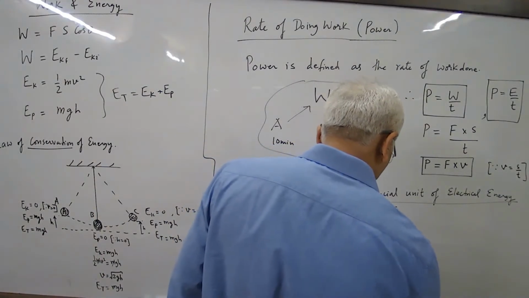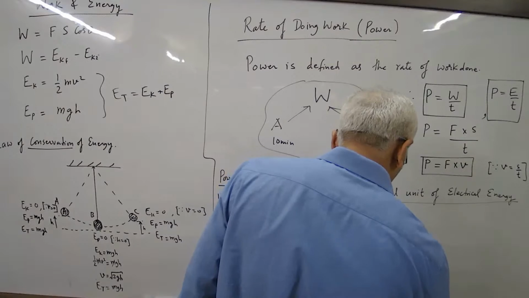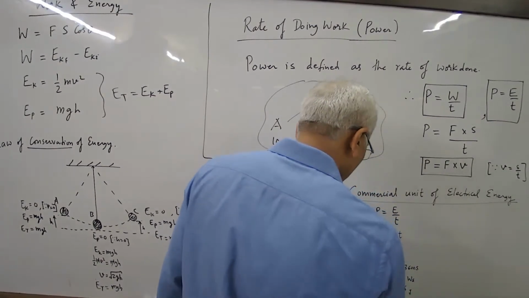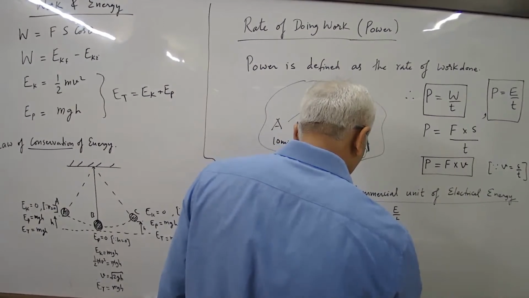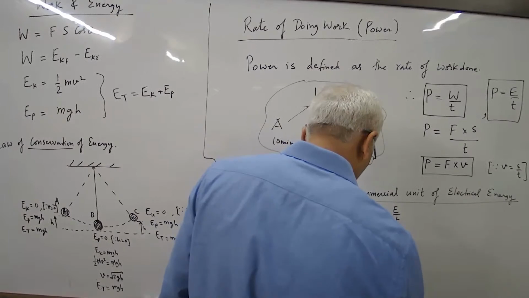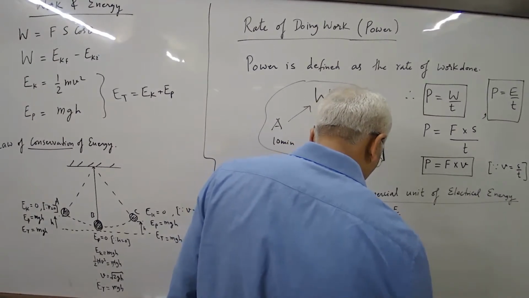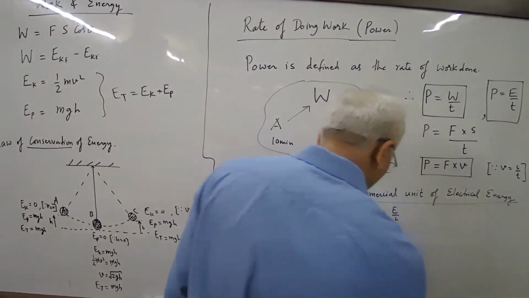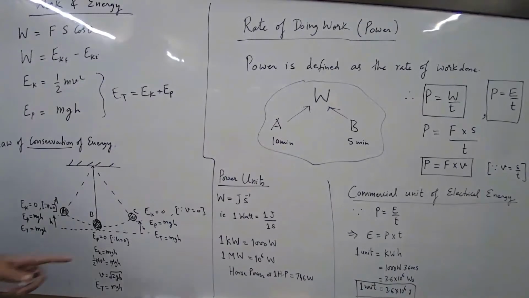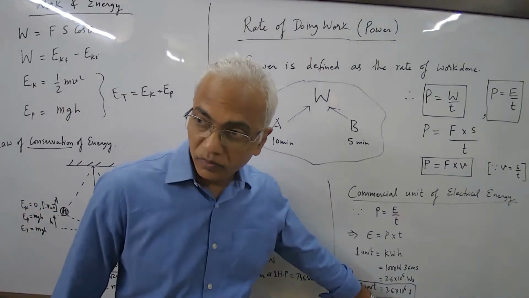So this is 3.6 into 10 raised to 6 joule. So 1 unit is equal to 3.6 into 10 raised to 6 joules. This is unit in which system? SI.